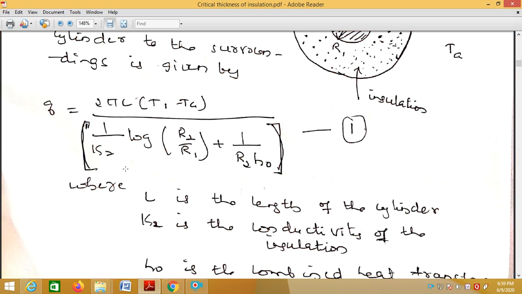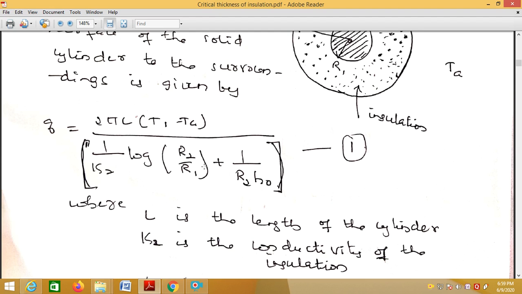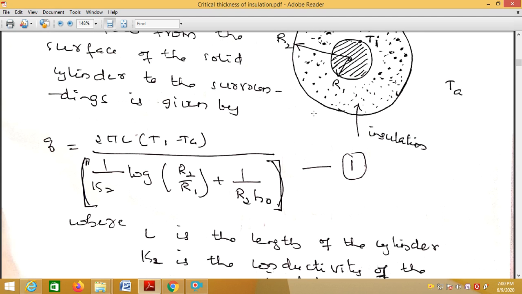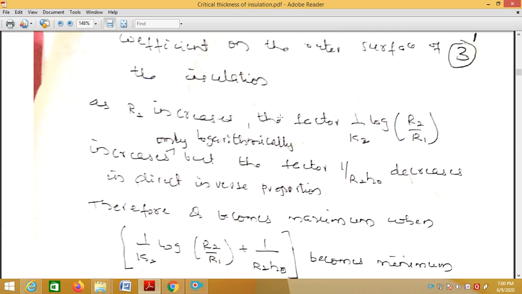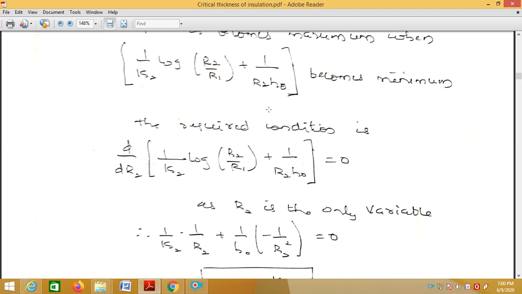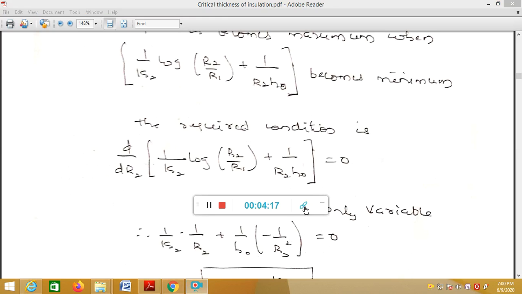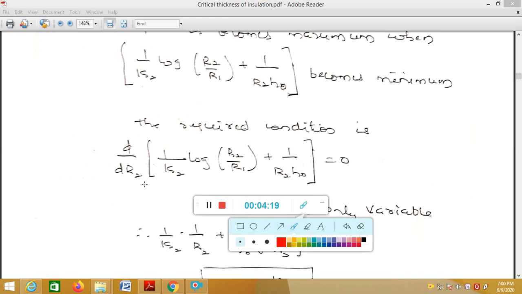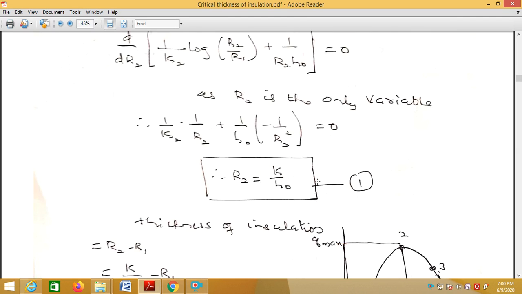For the denominator to be minimum, the only variable is R2. So differentiating this denominator quantity with respect to R2 and equating it to 0, we will get R2 equal to K by H naught.